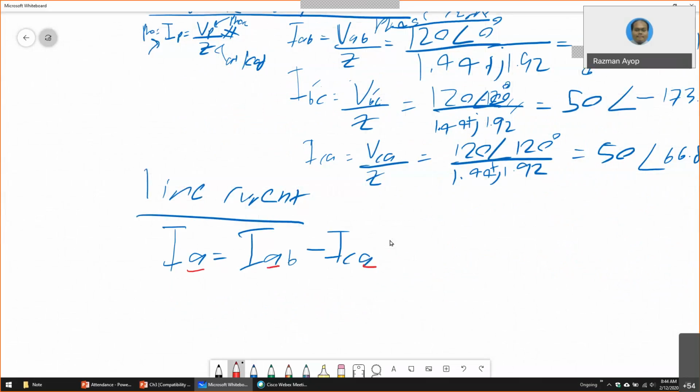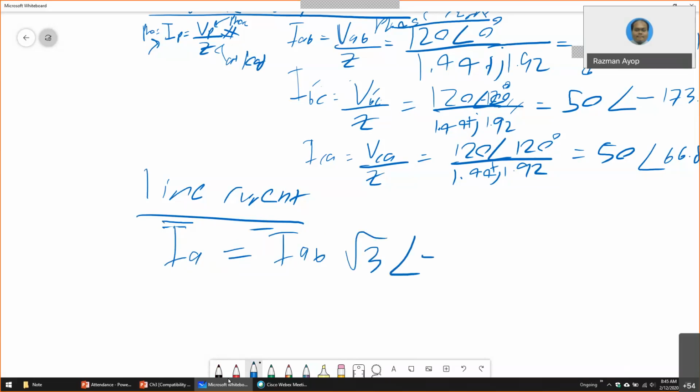Or another way, because this is a balanced load, you don't need to use this, which is much more complicated. You can use a simpler formula: IA equals IAB times square root 3 angle negative 30 degree.